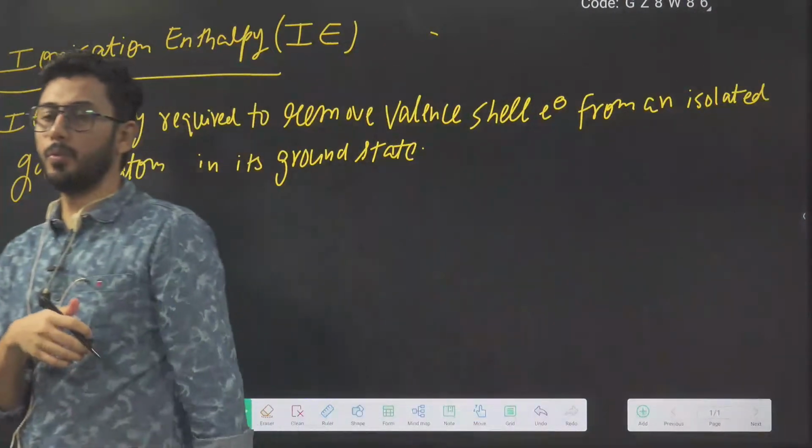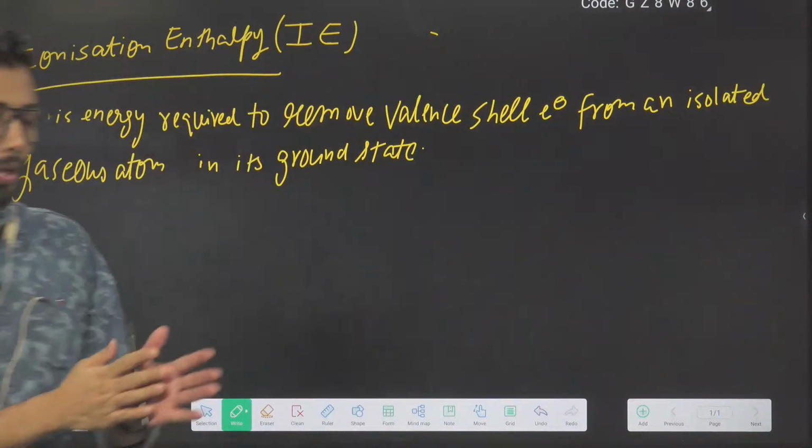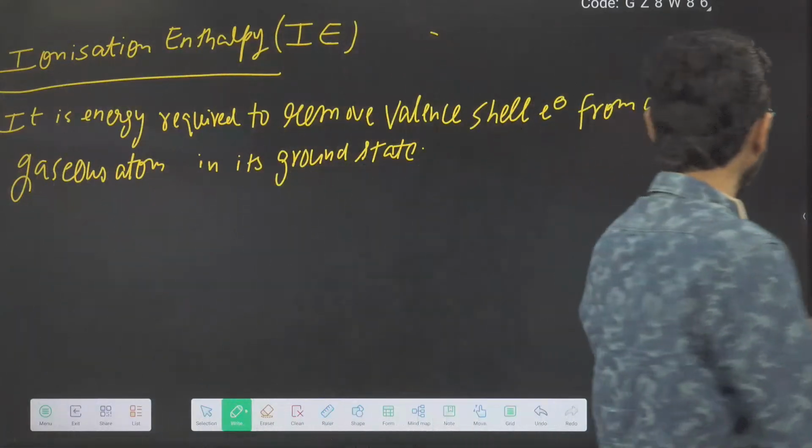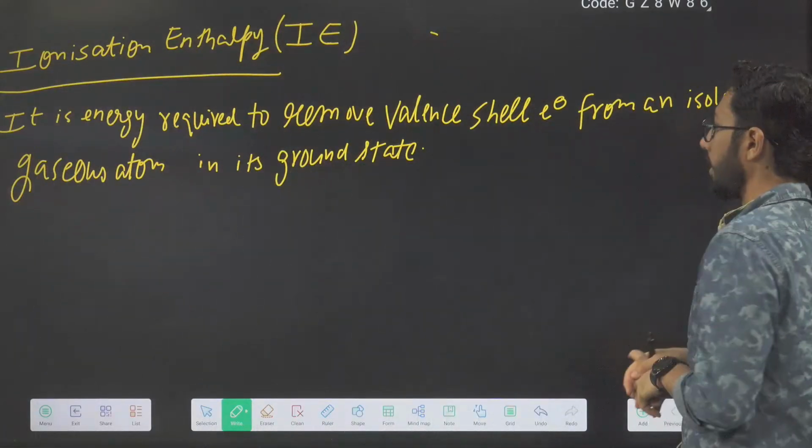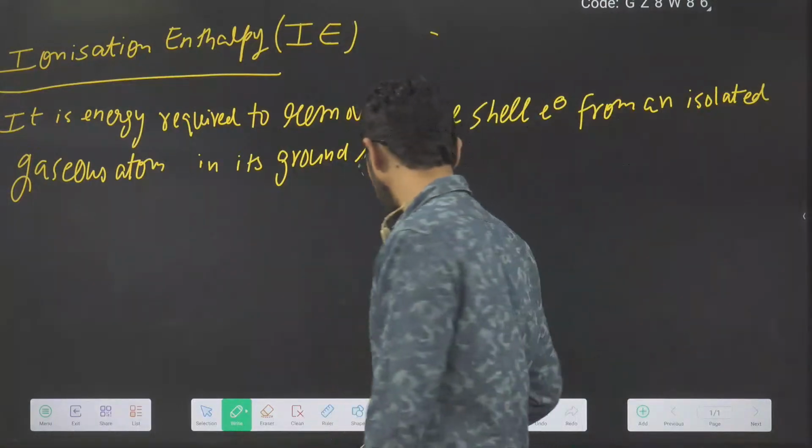Energy required to remove valence shell electron or most loosely bound electron from an isolated gaseous atom in its ground state.